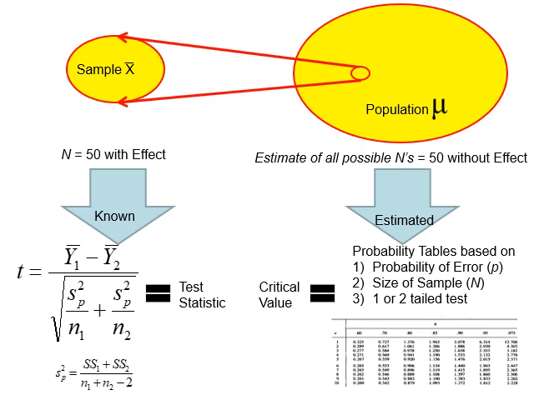Once we have the test statistic, based on our sample, we're going to look at a probability table based on that sample size with the probability of error to find out what would be the minimum score that we would have to find in our test statistic for that difference to be greater than basically a 5% chance that it's wrong. So less than 5% chance it's wrong. 95% chance that we would not find that due to chance. And that's our critical value.